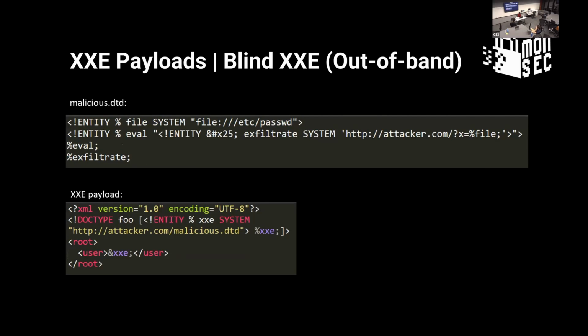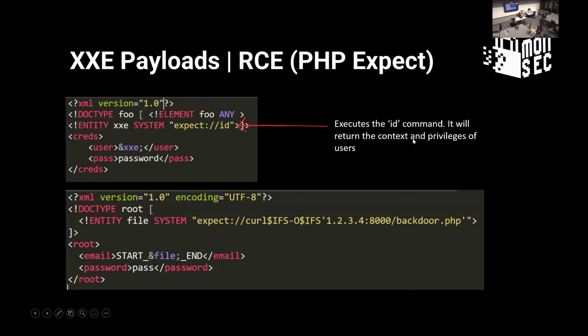And this id command will return the context and the privileges of the user. So you can use this information later on to do further attacks potentially. And below here is an actual example of how you could abuse this injection.